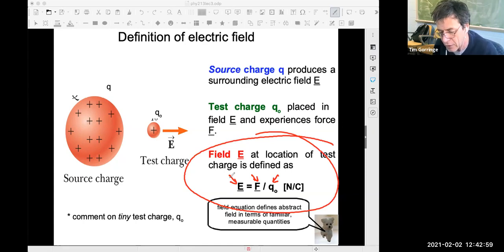Now, there is one little point here: when you think about a test charge probing the field of the source charge, you want to think about the test charge as being much smaller than the source charge. In that way, the test charge doesn't perturb the source charge or perturb the electrical field. And so that's this little comment down here.